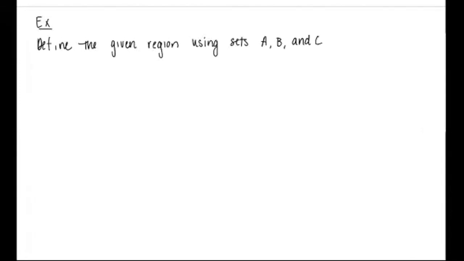All right. So the last example that I have in this section, now that we've got a little more practice working with these multiple sets, is we're going to define the given region using sets A, B, and C and set operations.